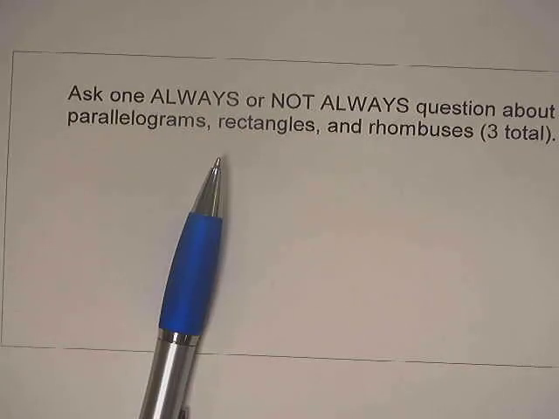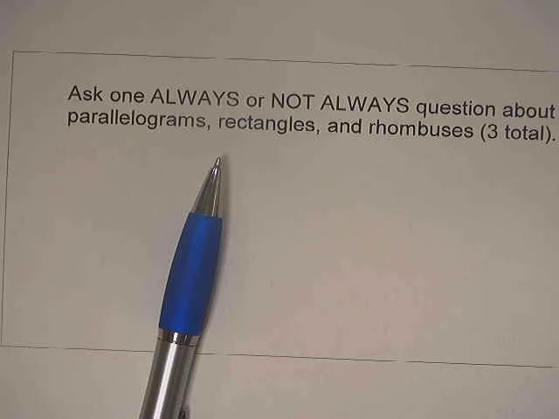All right, now this is the toughest part. The toughest part is we have to know the properties of certain quadrilaterals: parallelograms, rectangles, rhombuses. So you will have 3 problems on the exam that will ask you questions like, which statement is always true about a rectangle, for example?